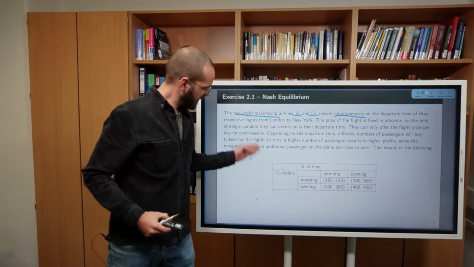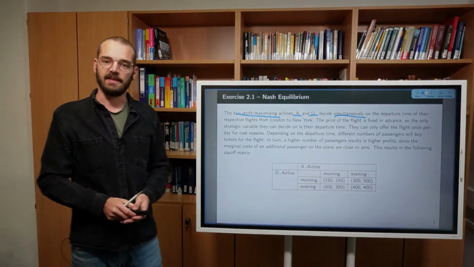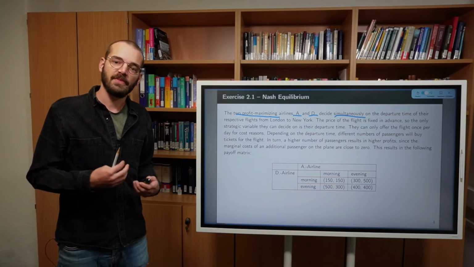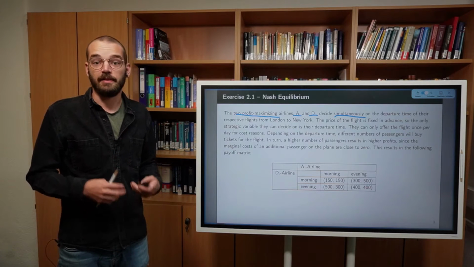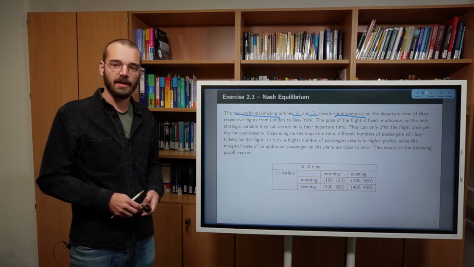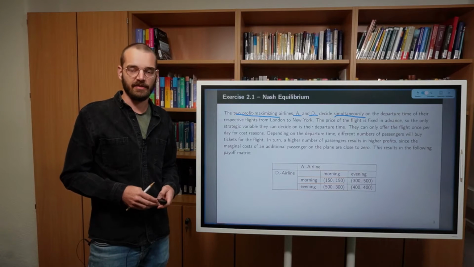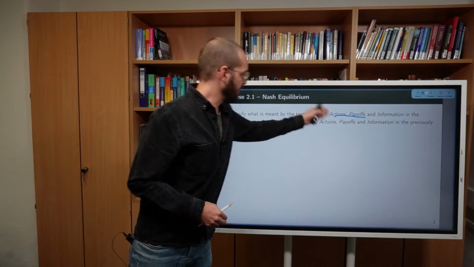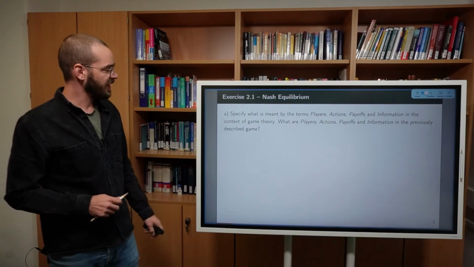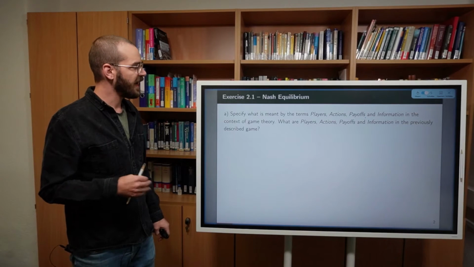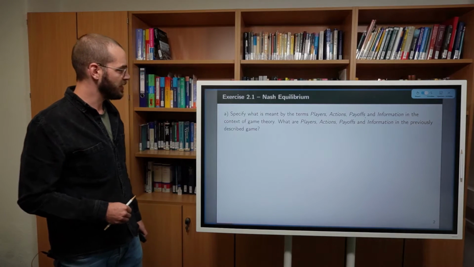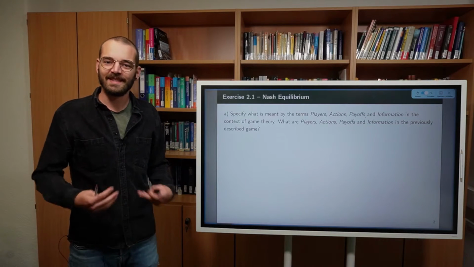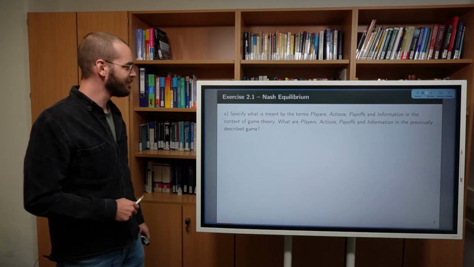But before we get into analyzing these games, we will have to talk about the specific terms, the vocabulary that we will use when analyzing these kinds of games. So, the first thing that we are asked to do is to specify what is meant by the terms players, actions, payoffs, and information in the context of game theory, because as you may have noticed, that's the context we are now entering.